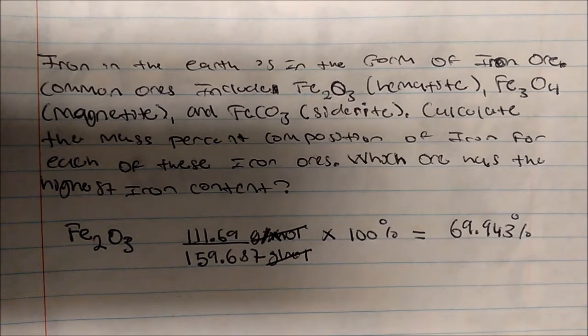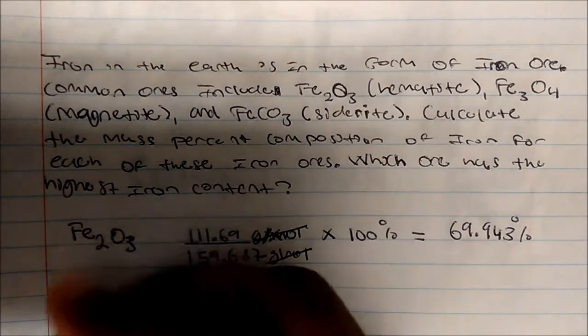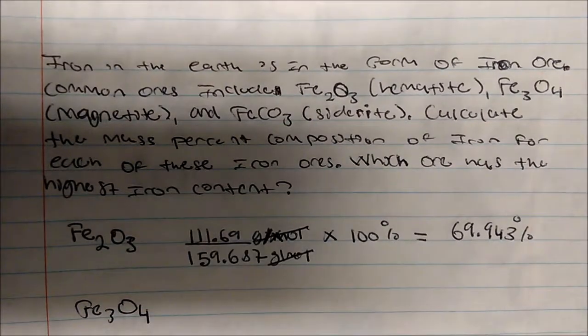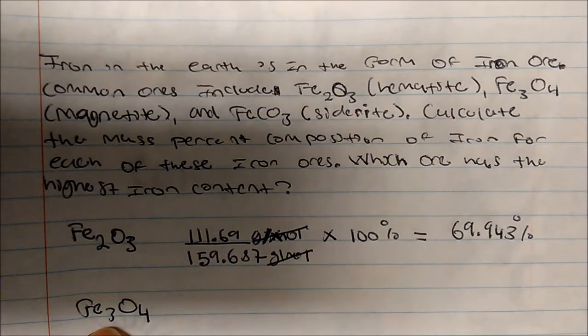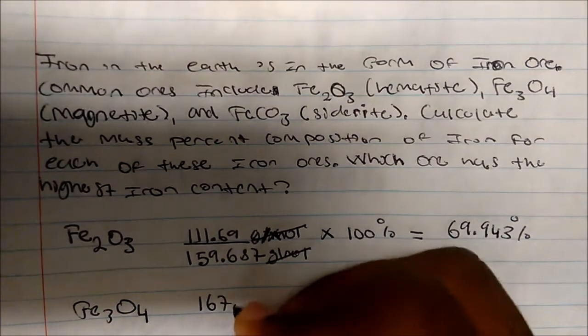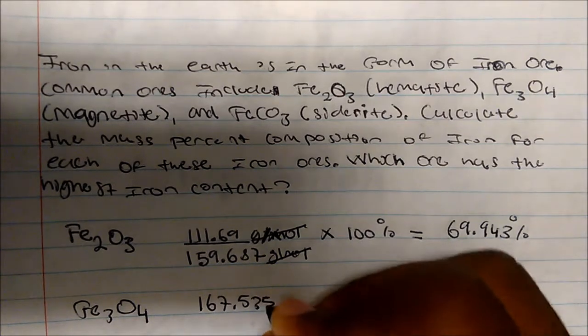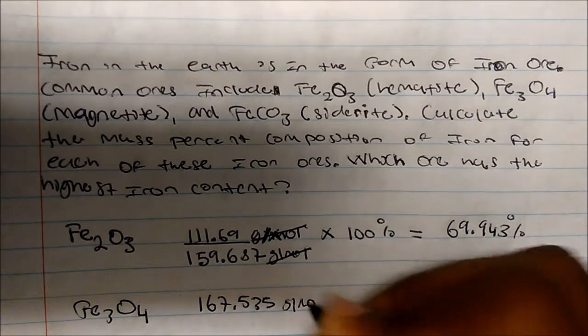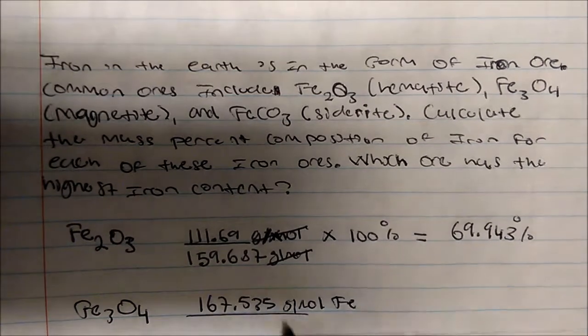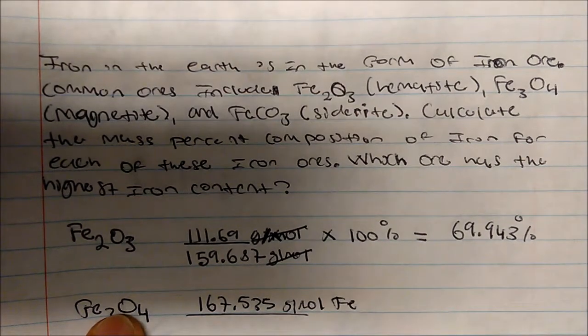Now for magnetite, this is Fe3O4. Again, if I multiply 3 times iron's molar mass, that will give me 167.535 grams per mole of just iron. Now, what's the total molecular weight of Fe3O4?